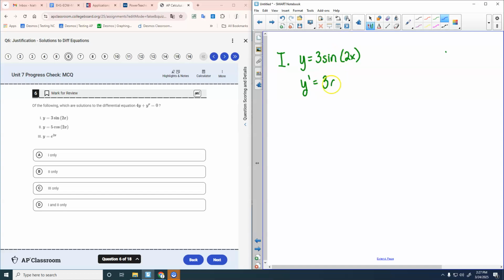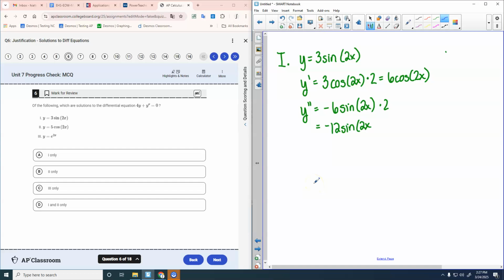So I've got 3 cosine of 2x, but then I've got to multiply that by 2 for the chain rule. So I'll get 6 cosine of 2x. There's my first derivative. My second derivative: the derivative of cosine is negative sine. So I'll get negative 6 sine of 2x. That also has to be multiplied by 2, so that's going to be negative 12 sine of 2x.